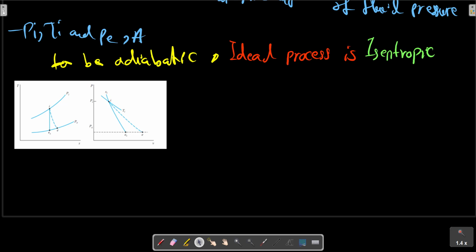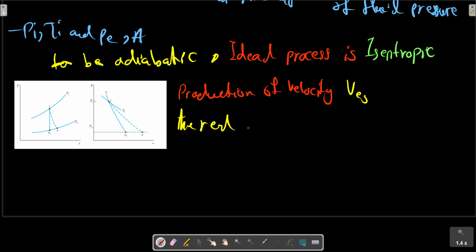With the production of velocity VEs in the ideal process, the real process is irreversible, with the exit state E having a larger entropy and a smaller exit velocity VE.